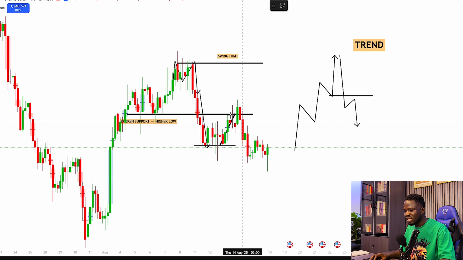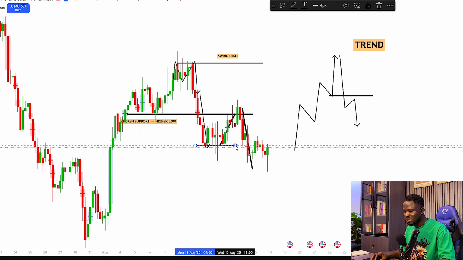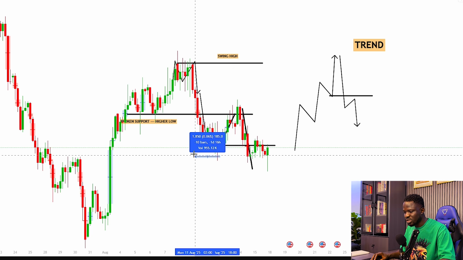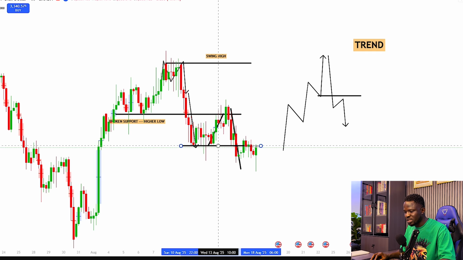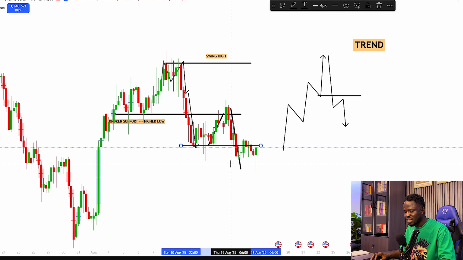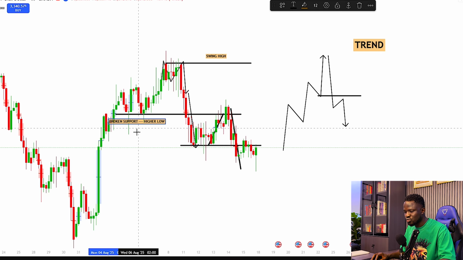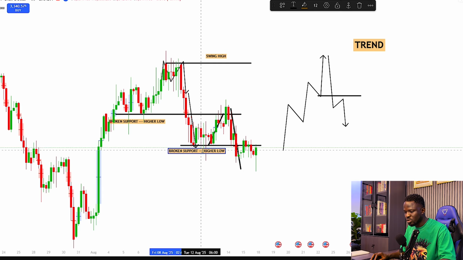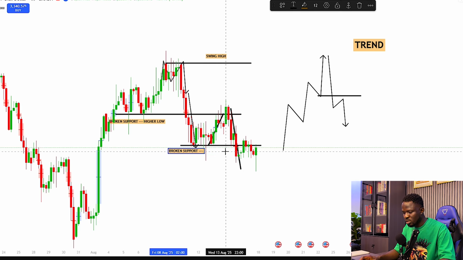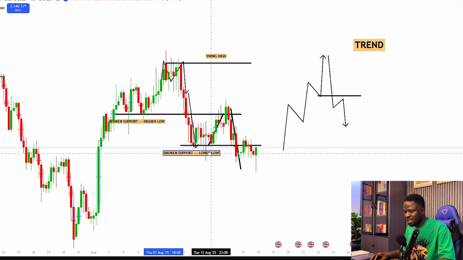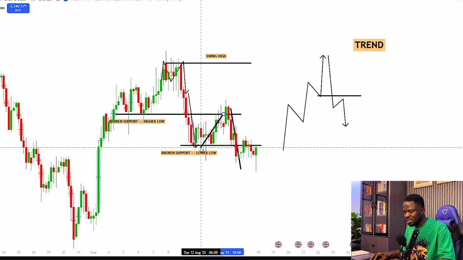When the price action retested it, the sellers sold again and they invalidated this support zone here. It is no longer support anymore because it has been invalidated. It is now a swing broken support zone. So we can call it swing lower low. Right now, this is swing lower low because we are now back in a bearish market condition.